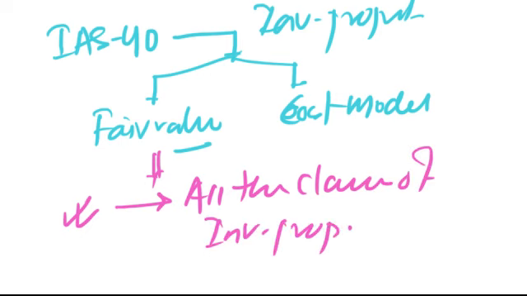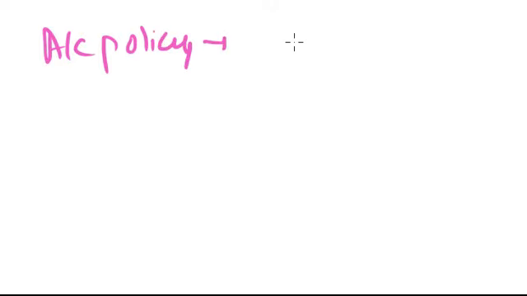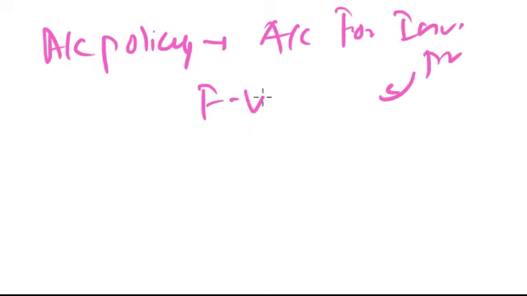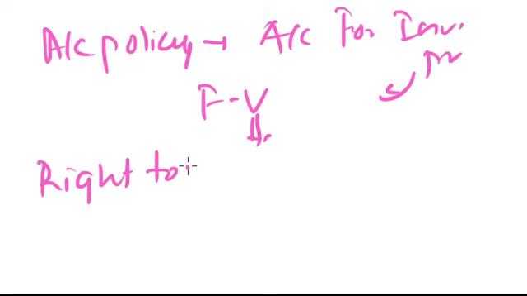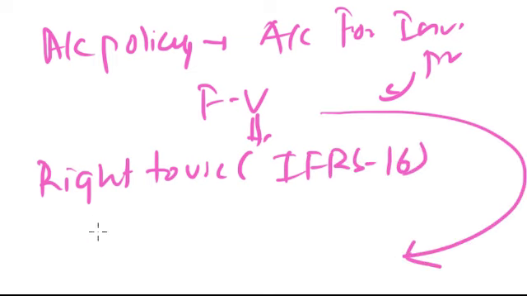Hence, my point is, if the accounting policy of the lessee is to account for any investment property at fair value, then any right of use asset capitalized as per IFRS 16 needs to be recorded at fair value.